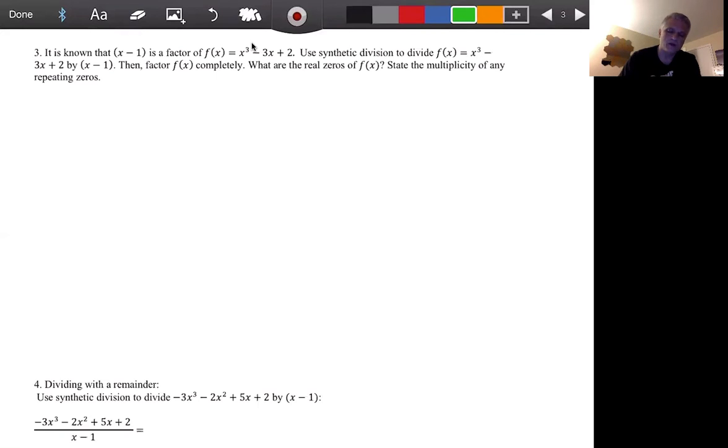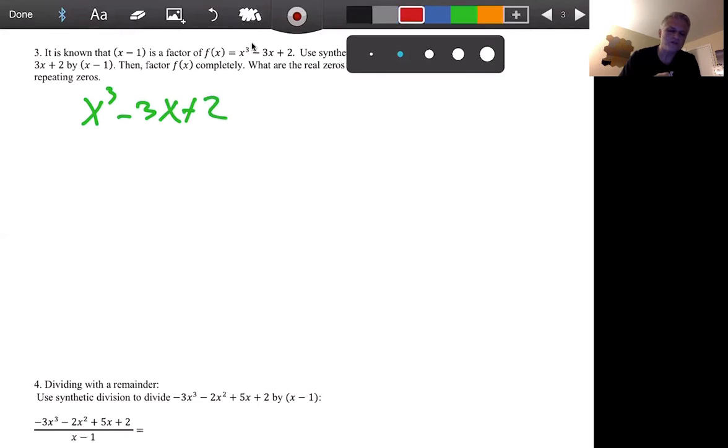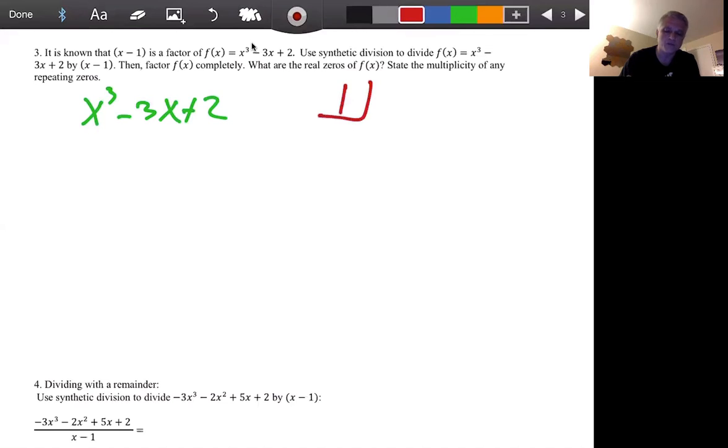So we're going to take x cubed minus 3x plus 2. We're going to synthetically divide it by x minus 1. So if x minus 1 is a factor, then positive 1 is the 0. So we already know that x minus 1 is a factor. So when we finish this, we better come out with a 0 remainder here.